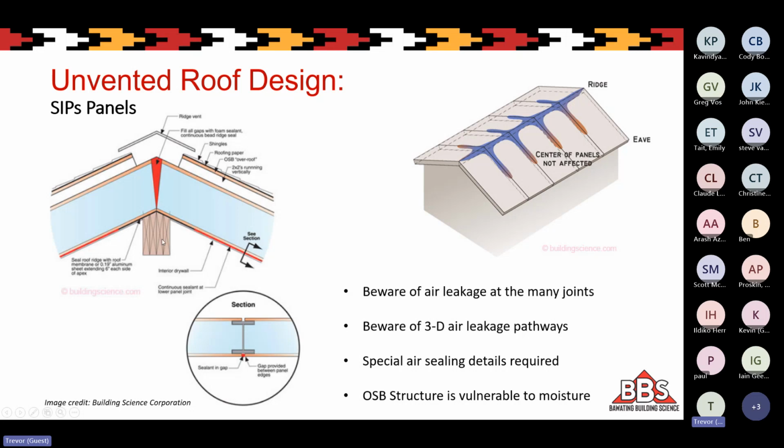Also, typically SIPS panels are supported interiorly at ridge vent or at ridge beams, and these can be areas that are really hard to air seal. So it's possible, obviously, to do this properly, but air tightness is really important. The other thing about a SIPS panel is all of the structure is built into the OSB skins.